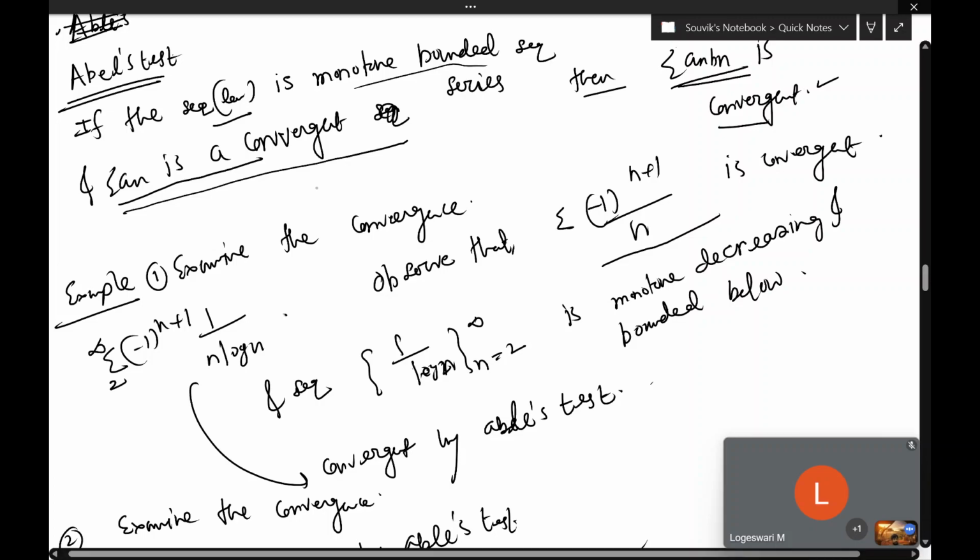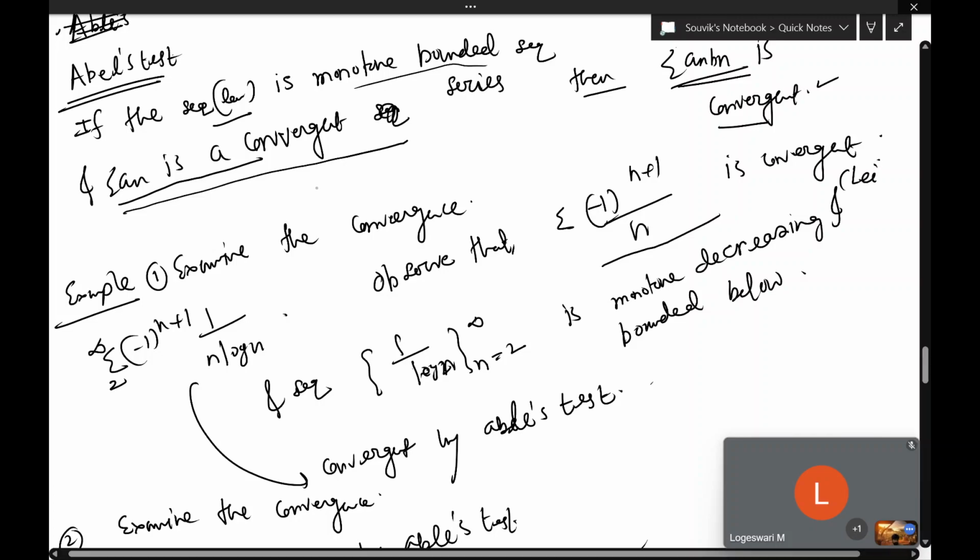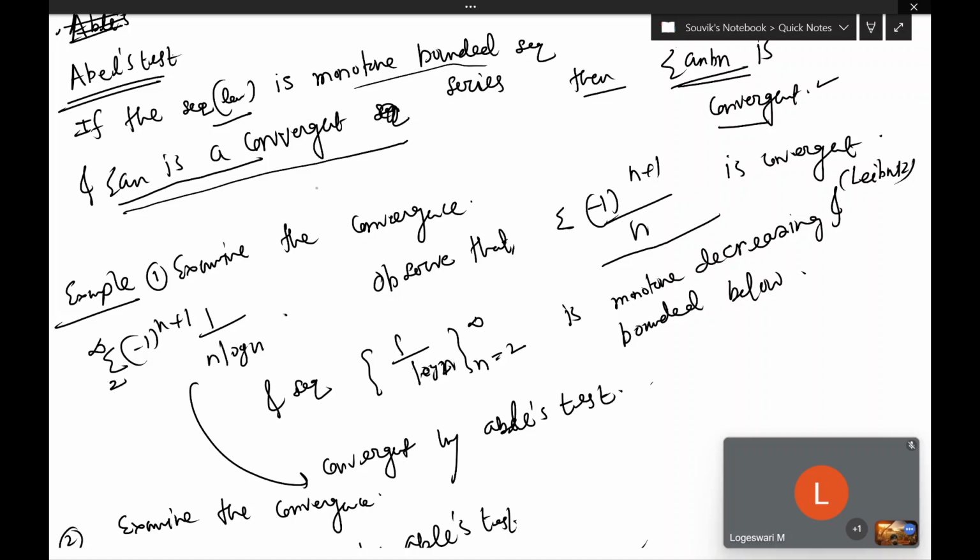For this series, the summation of (-1)^(n+1)/n is convergent by the Leibniz test. And the sequence 1/log n is monotone decreasing and bounded below. So this given series is convergent by Abel's test.